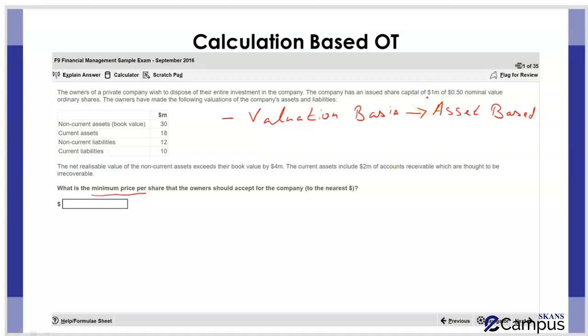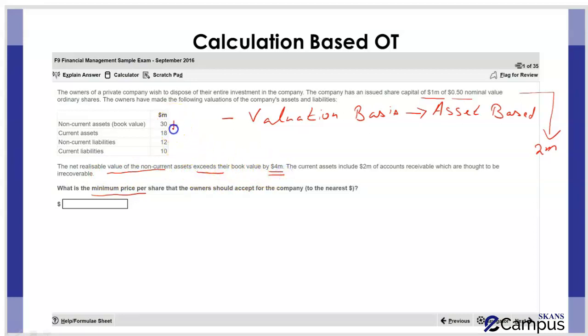For example, the important point to note here is that the nominal value is $1 million, but the par value per share is $0.5. So you should note that there will be 2 million shares. Similarly, you need to be aware of the necessary adjustments in the calculations. For example, they have provided the non-current asset book value of $30 million, but they have mentioned that the net realizable value of the non-current assets exceeds the book value by $4 million.